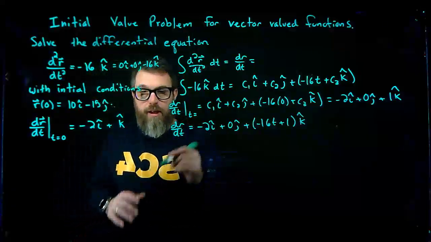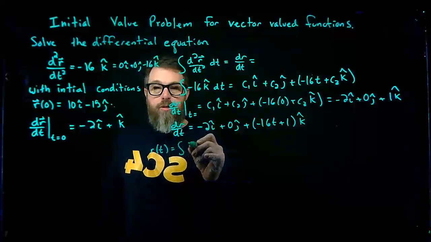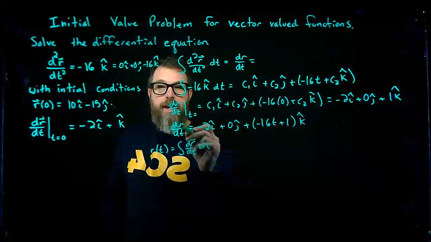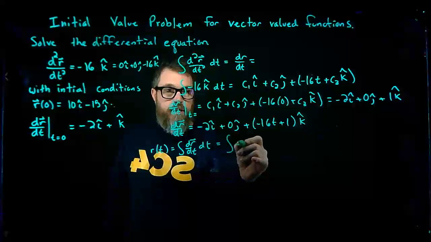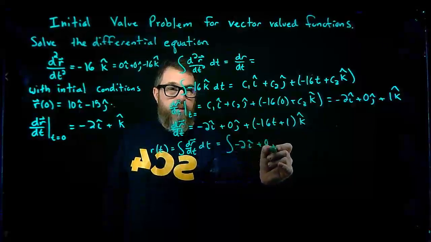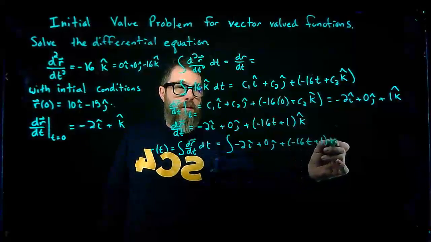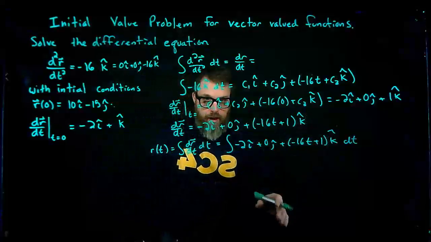Well, we know that r of t is going to be equal to the integral of dr/dt with respect to t, and that means it's going to be the integral of this with respect to t. So the way we integrate is component-wise.